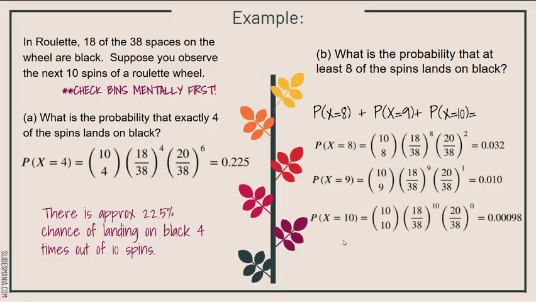Here's for x equals 10. And so we add those up, and we get 0.43. So in words, we would write: the probability of at least 8 spins landing on black is about 43% when there are 10 trials. All right, that is it.